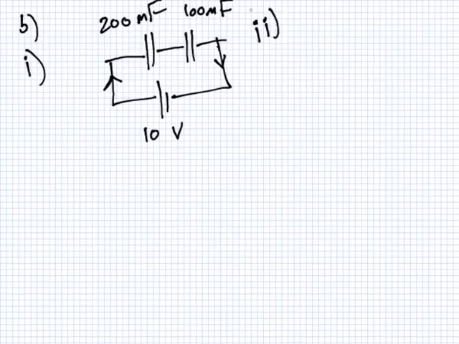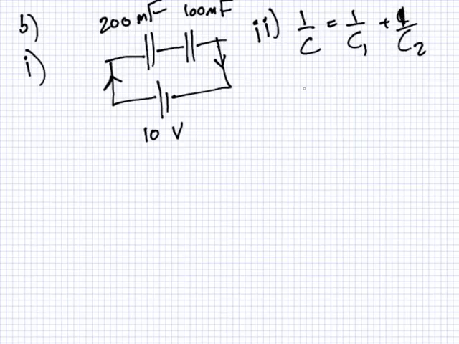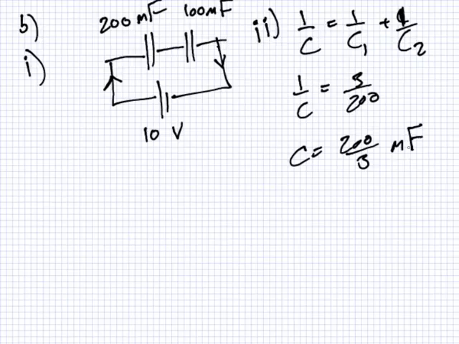Last time, total capacitance. So that's 1 over C equals 1 over C1 plus 1 over C2. So 1 over C equals 3 over 200. So C equals 200 over 3 millifarads.